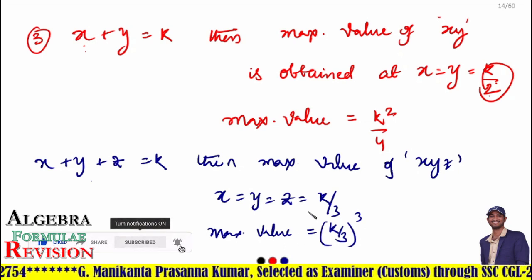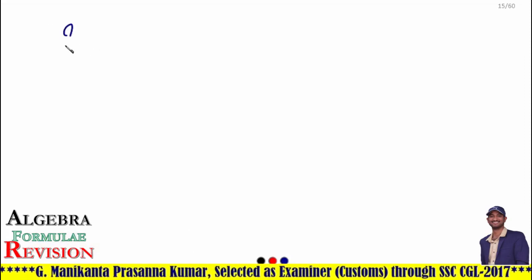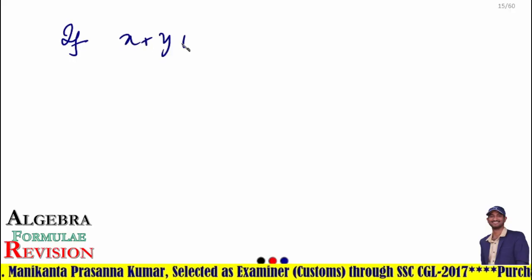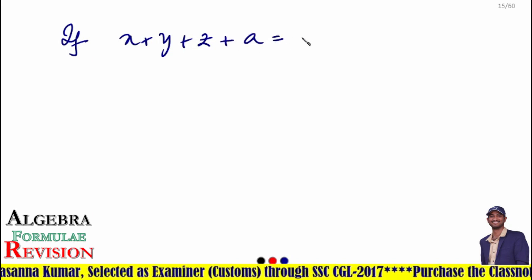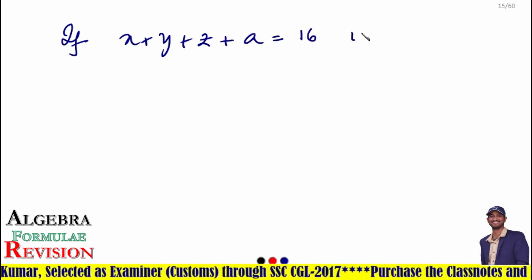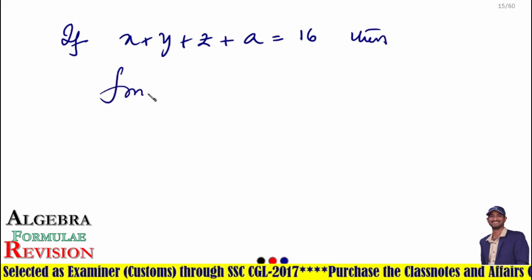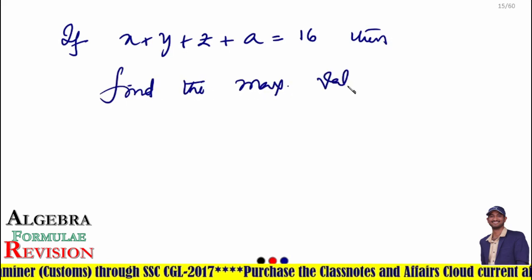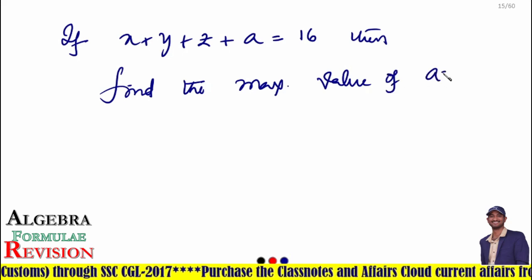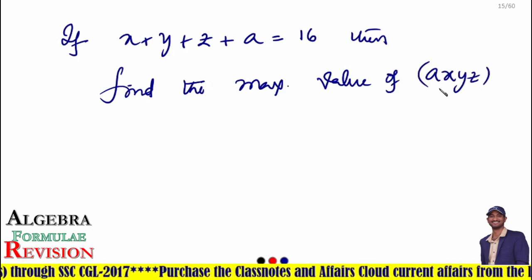In the exam, you may get a question like this: if x plus y plus z plus a is equal to 16, then find the maximum value of a into x into y into z.